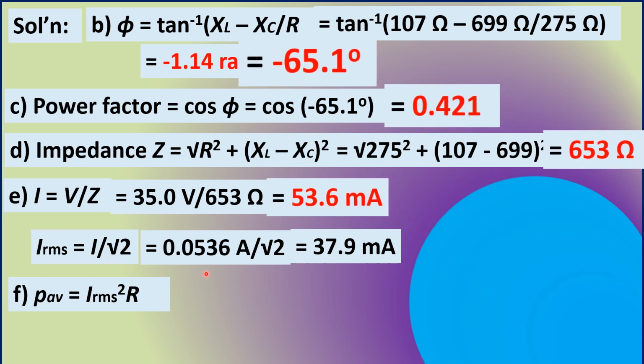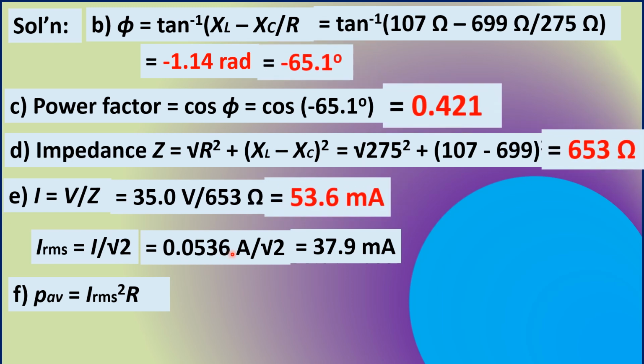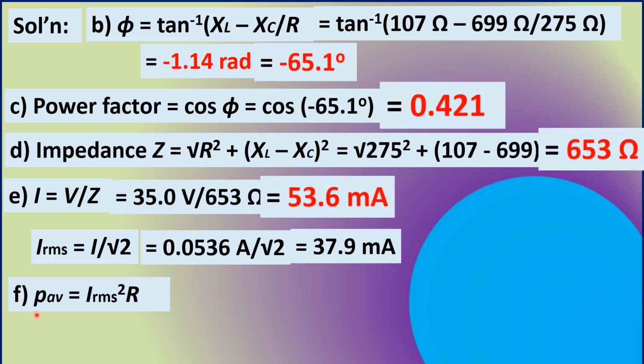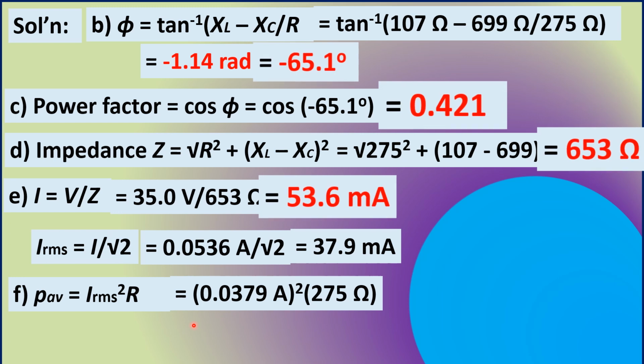So that means 0.0536 amperes divided by square root of 2, we get the RMS current equal to 37.9 milliamperes.